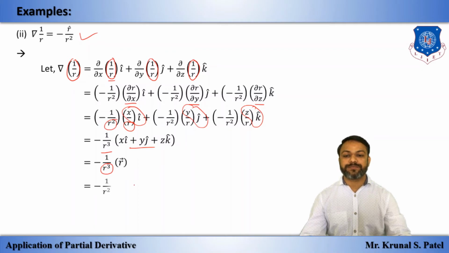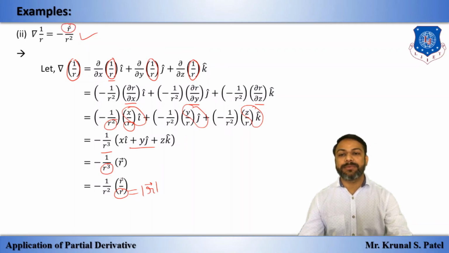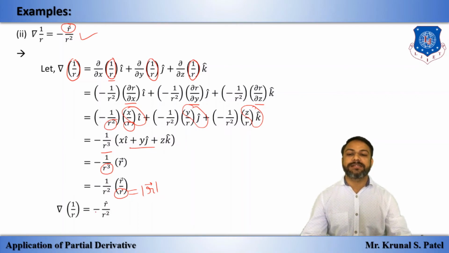So we have r vector upon r, and this r is the magnitude of vector r, and vector upon its magnitude gives us r cap, that means unit vector, and r square as it is. So we have the final answer: minus 1 by r square into r cap, where r cap means unit vector. Okay, so simple derivative.